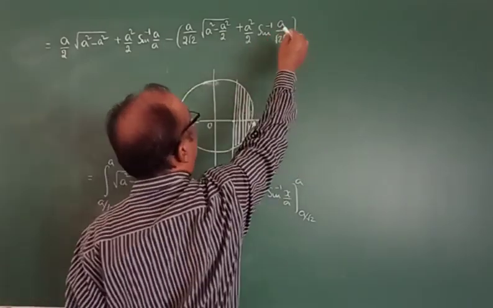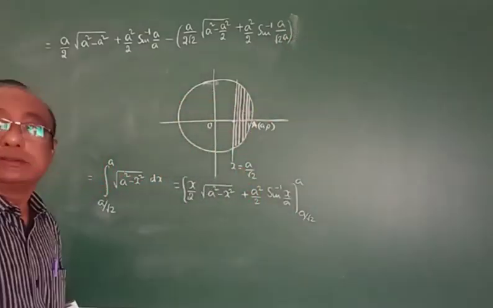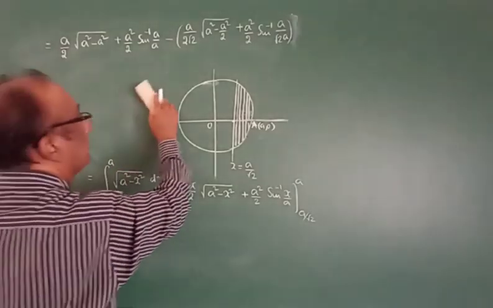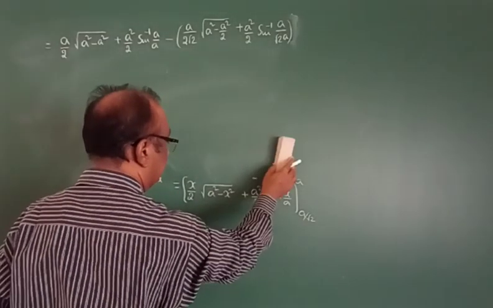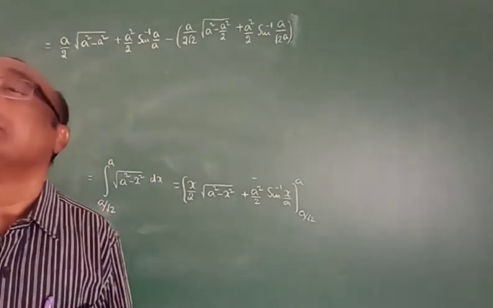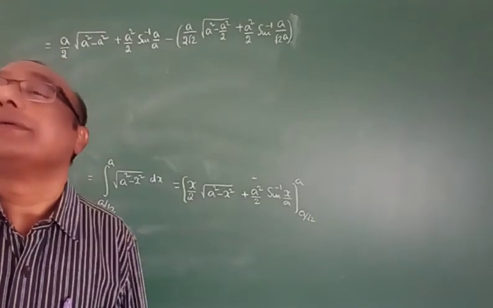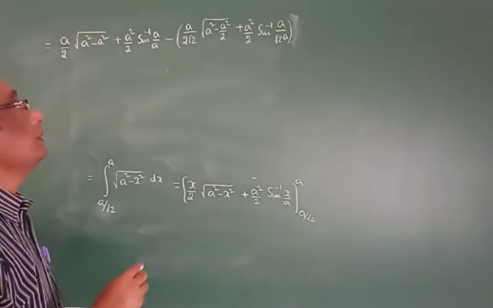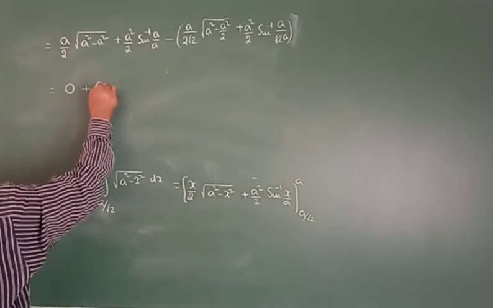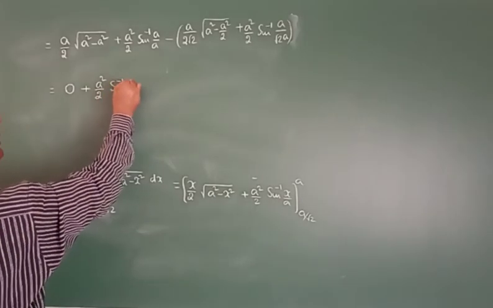Simplify, everyone. You get the answer. Here the first term is 0, and here is a square by 2 sin inverse of 1.